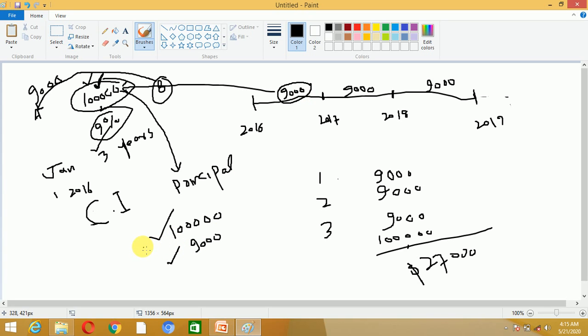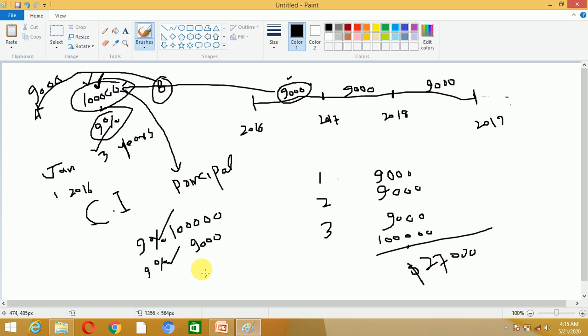So you will receive 9% interest on 1 lakh as well as 9% interest on this interest that we earned in 2017.